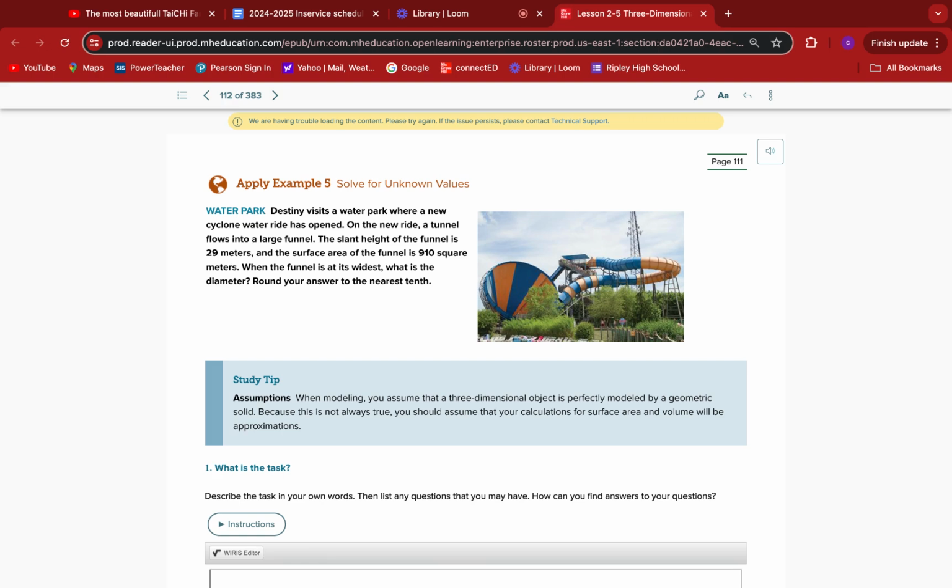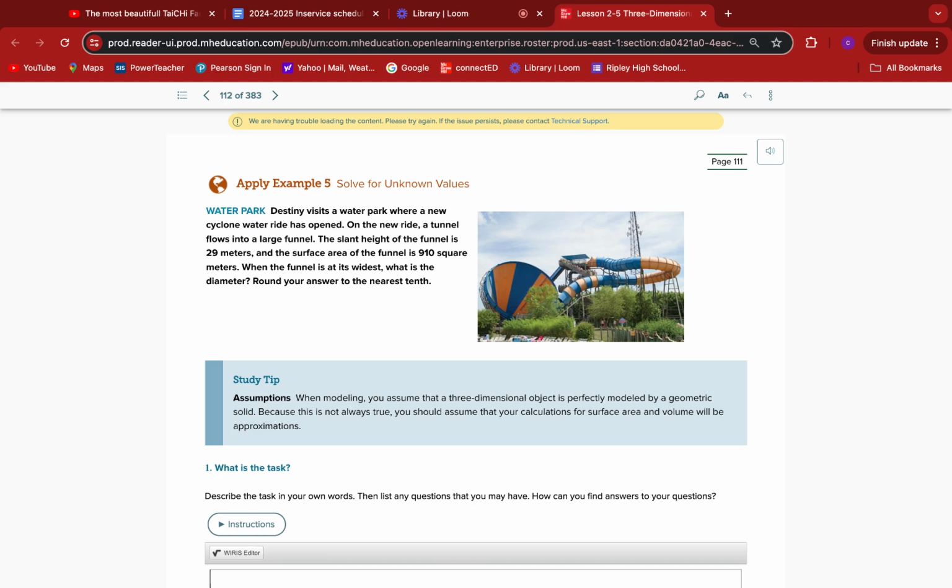On the new ride, a tunnel flows into a large funnel. And personal experience, if you've never ridden one of these, it's awesome. The slant height of the funnel is 29 meters. Remember that's your L. The surface area of the funnel is 910 square meters. Okay, they gave us the surface area, and they gave us the L.